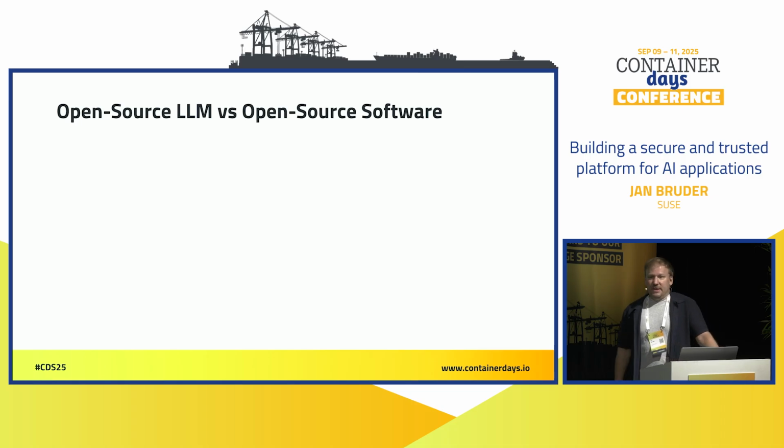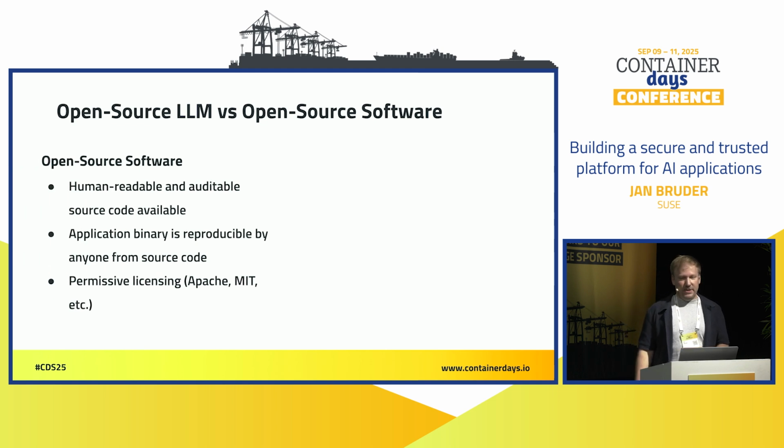An interesting aspect is the topic of what is actually open source in the context of an LLM model. So for software, it's pretty clear what open source software means, right?